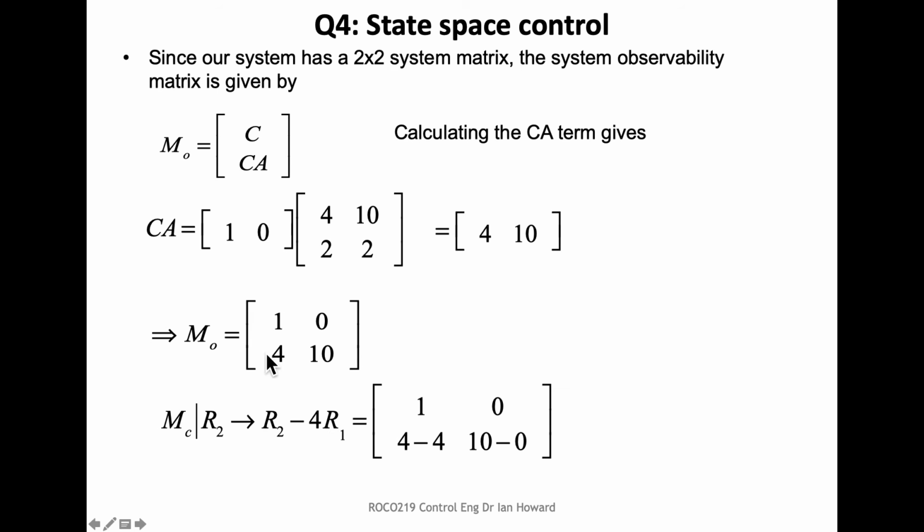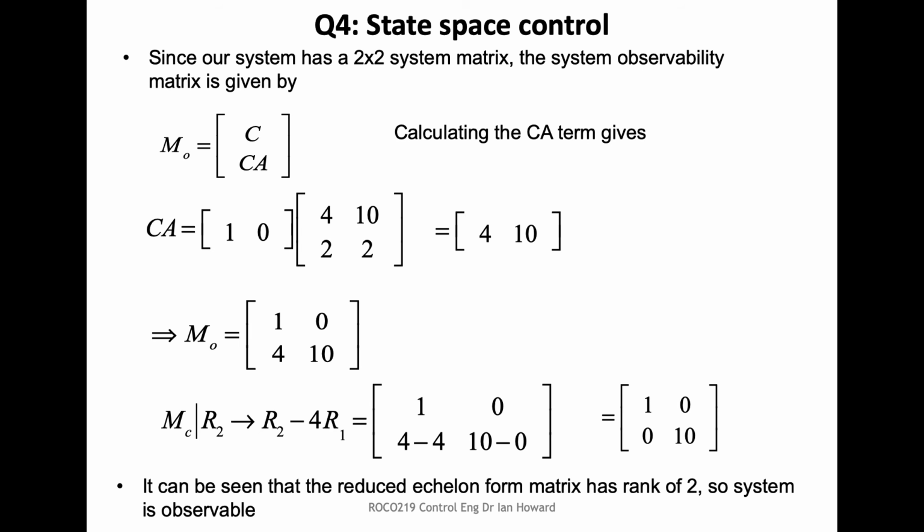The new row 2 becomes row 2 take away 4 lots of the first row. So 4 take away 4 is going to be 0, and it's going to be 10 take away 4 lots of 0, which is going to be 10. And we end up with a matrix 1, 0, 0, 10. And clearly there are no 0 rows in there, therefore the matrix is full rank, therefore the system is fully observable.